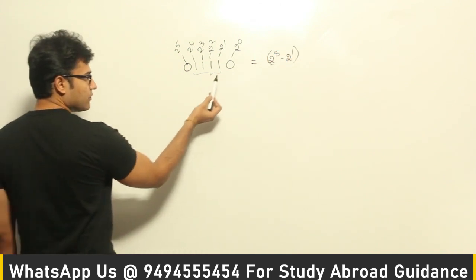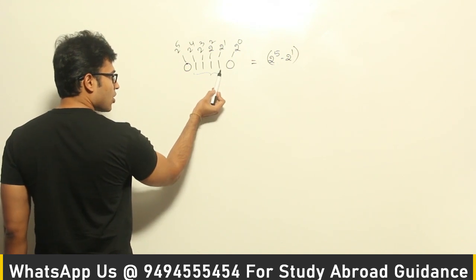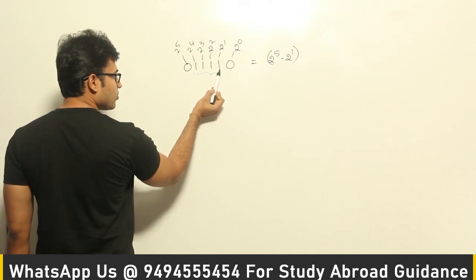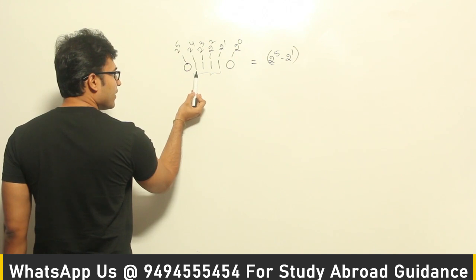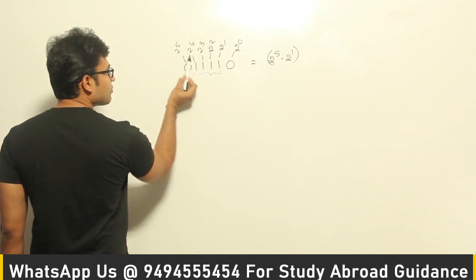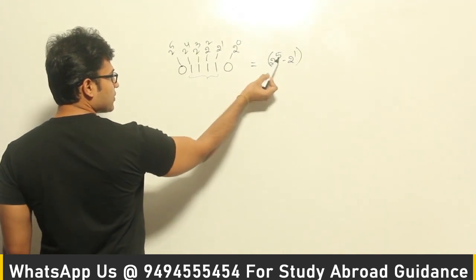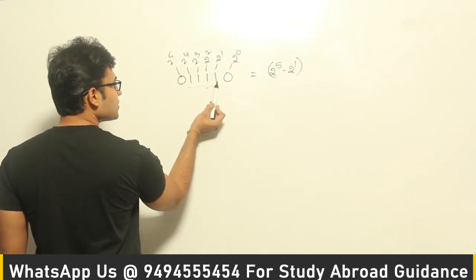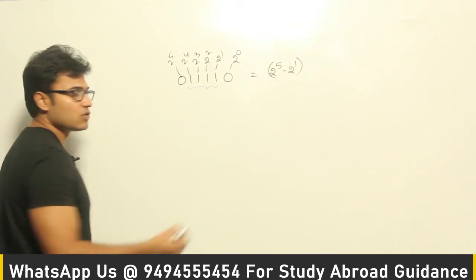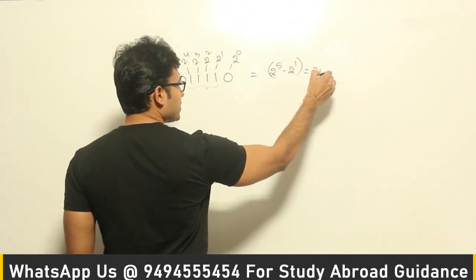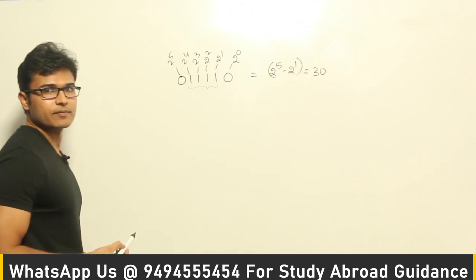If the block of ones is actually from 2 power 1 to 2 power 4, then its decimal equivalent is going to be the highest weight 2 power 4 plus 1, that is why 2 power 5, minus the least one, which is 2 power 1. So this is going to be 30. You can check it, this value is going to be 30, right?